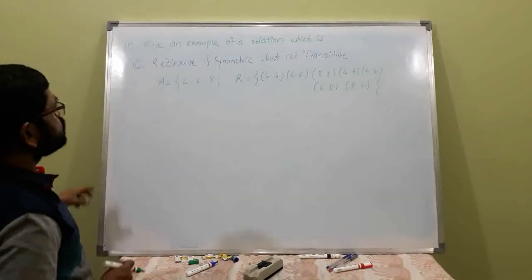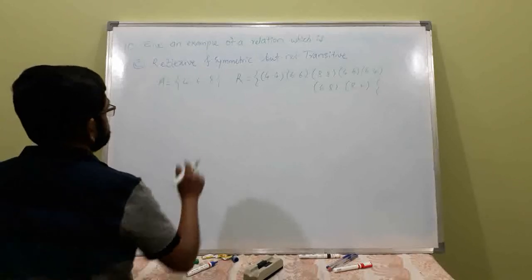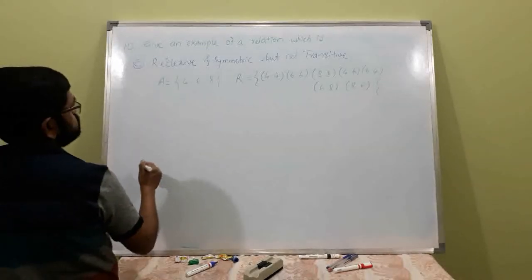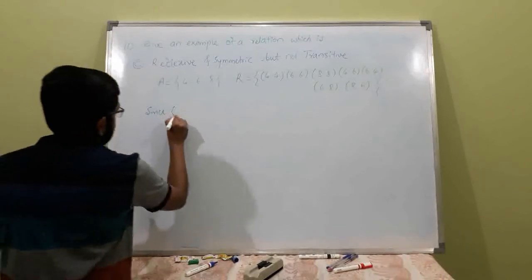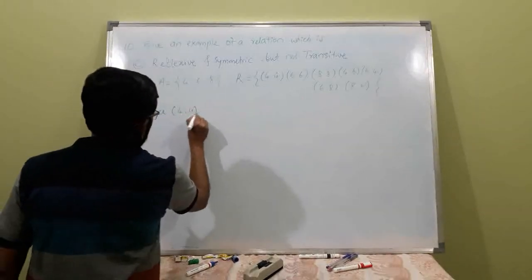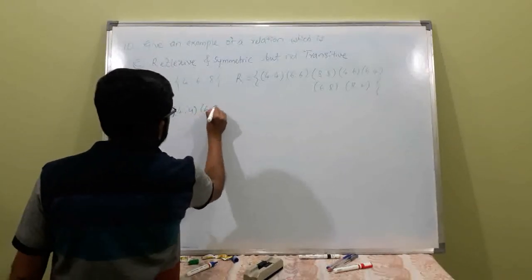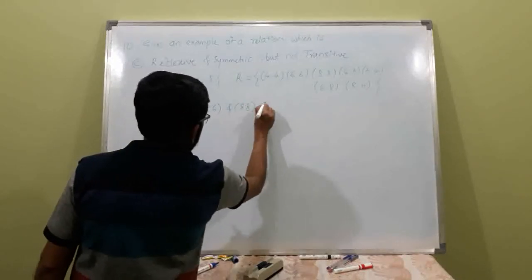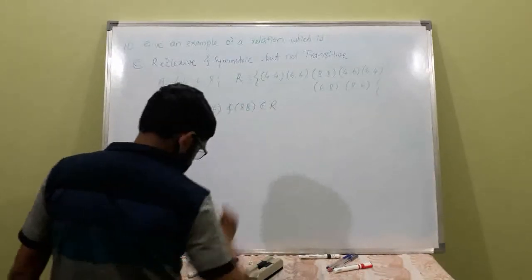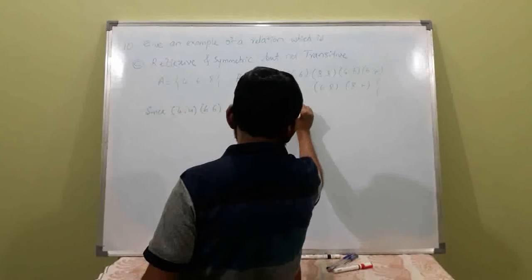Okay. Now, since (4, 4), (6, 6) and (8, 8) belong to R, R is reflexive.